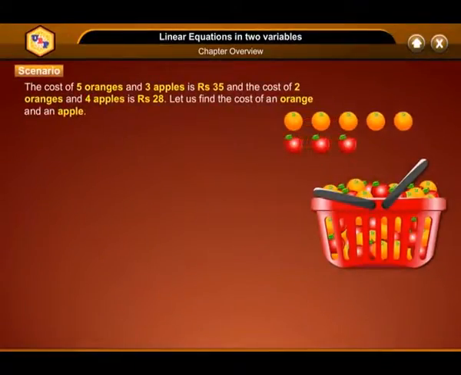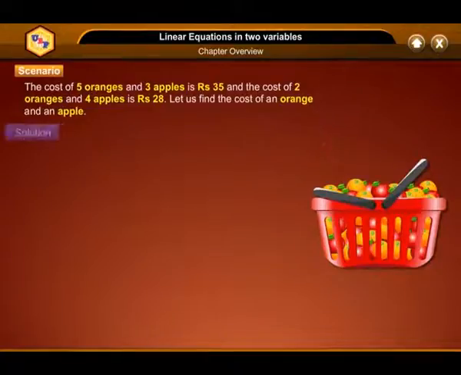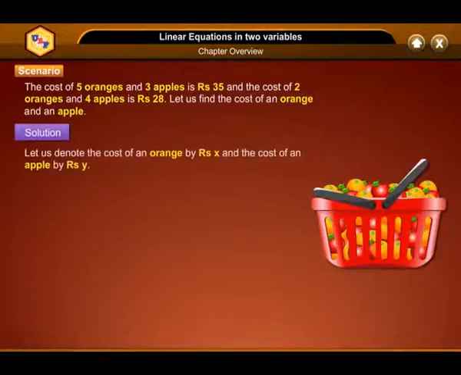The cost of 5 oranges and 3 apples is rupees 35, and the cost of 2 oranges and 4 apples is rupees 28. Let us find the cost of an orange and an apple. Solution: let us denote the cost of an orange by rupees x and the cost of an apple by rupees y.